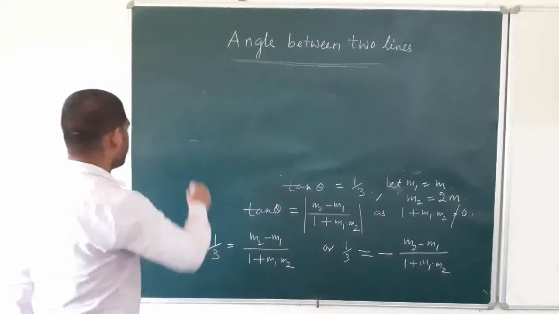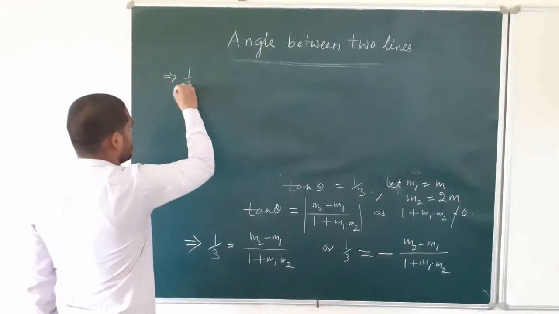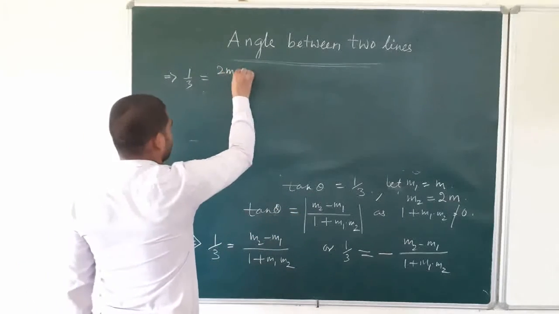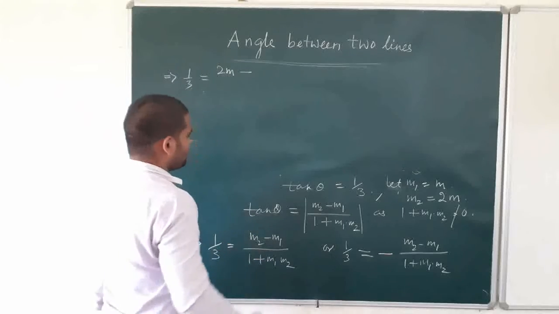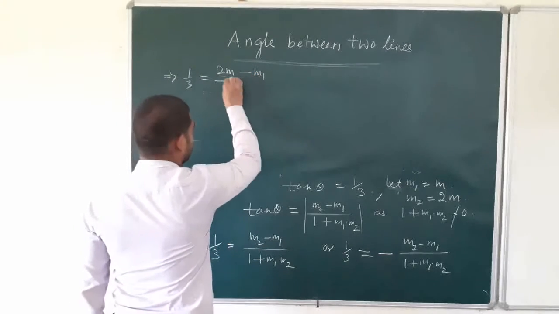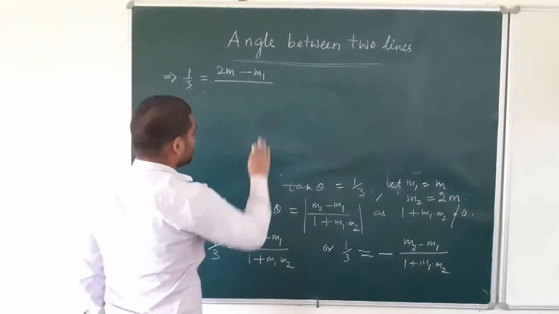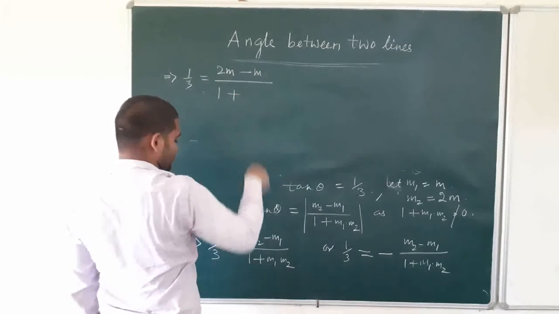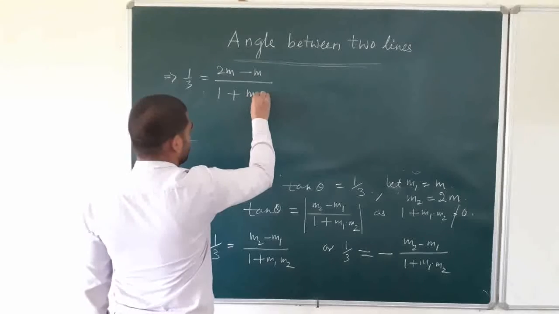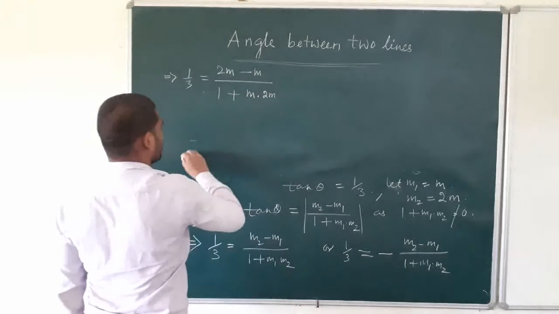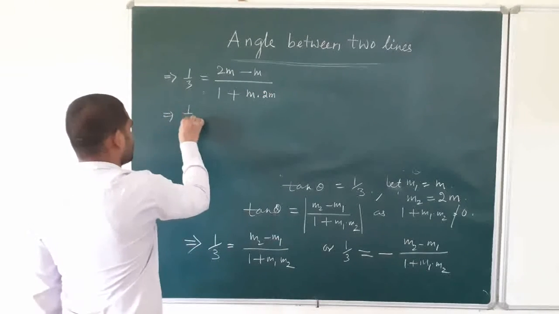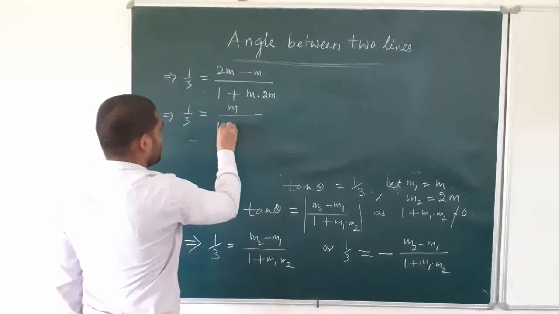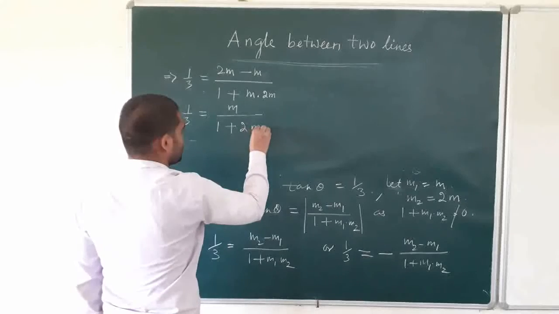Now, you put in this equation: 1 by 3 is equal to M2, we have taken 2M, minus M1, M1 is what? M, by 1 plus M1 M M2 2M. Then you solve it. Here M by 1 plus 2 into M square.